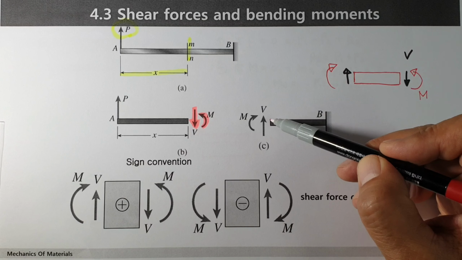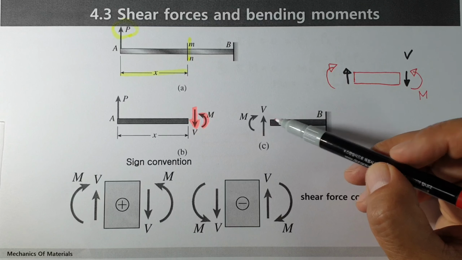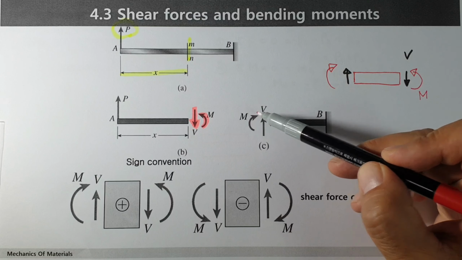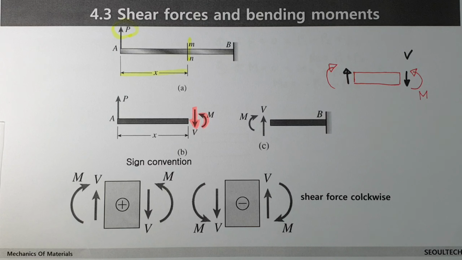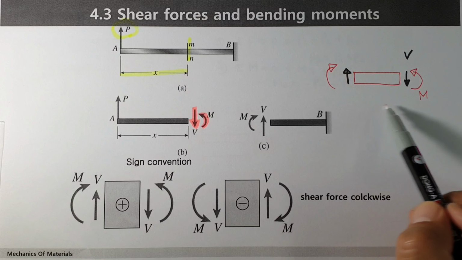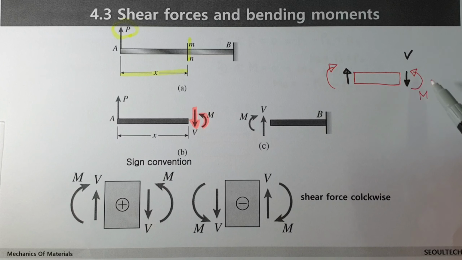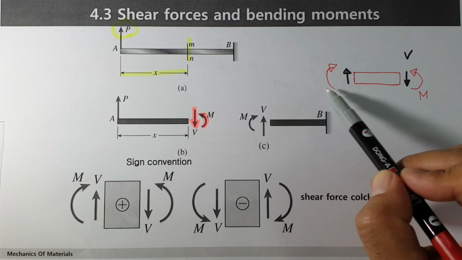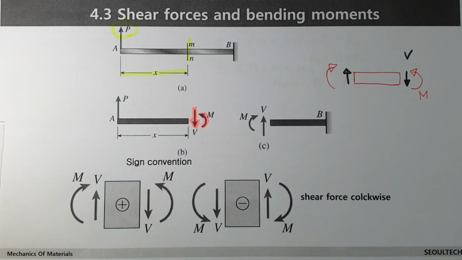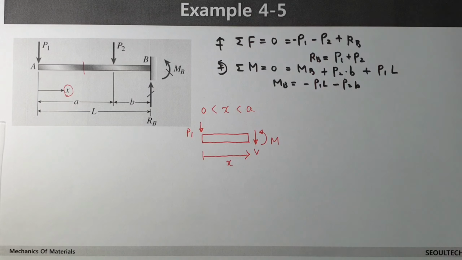The left side is different: upward and clockwise direction is positive. In the case of bending moment, this direction is positive. That's the agreement for nice expression related to bending moment diagram or shear force diagram.